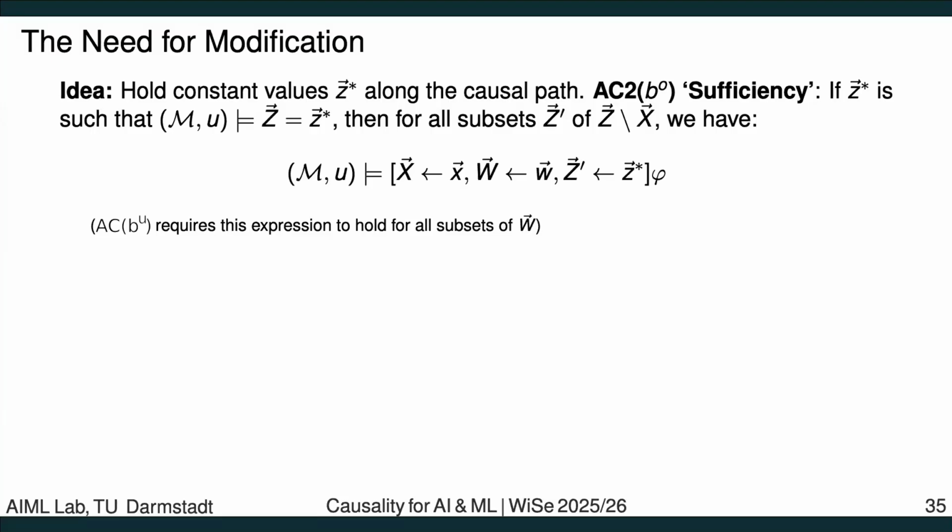So the thing that this initial rule required was that for this whole path from Susie throwing to the bottle shattering, there can be no change in all the variables that lie along this path.